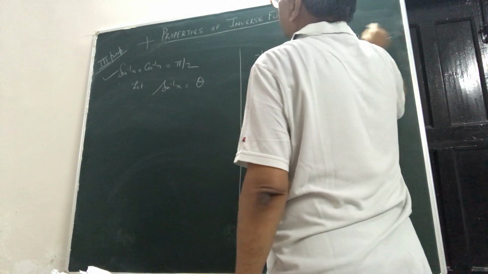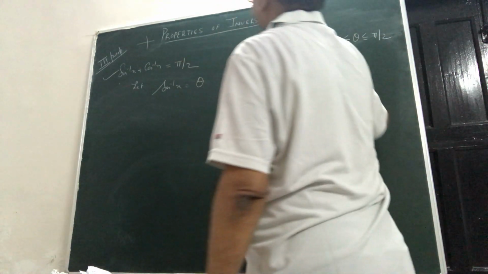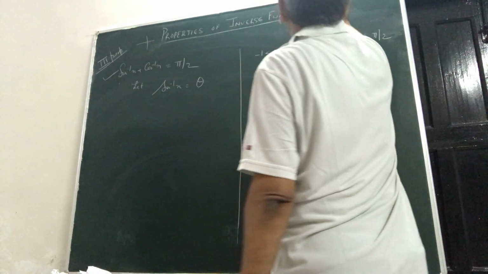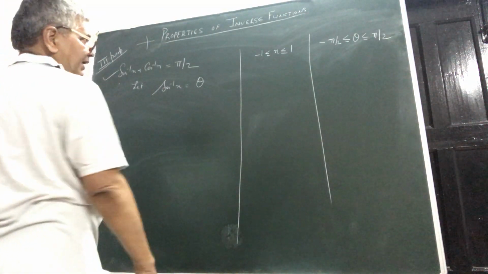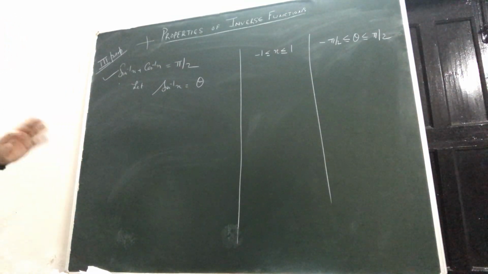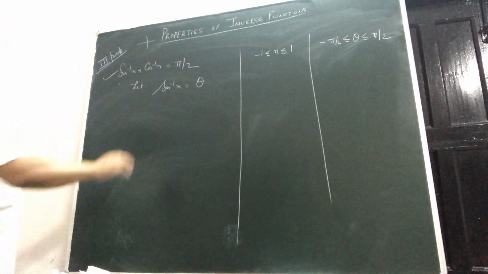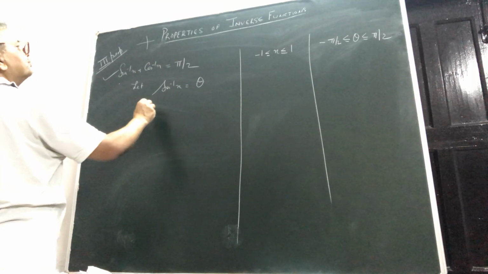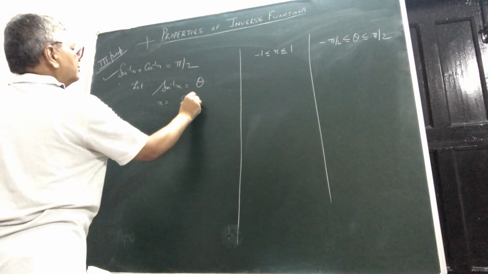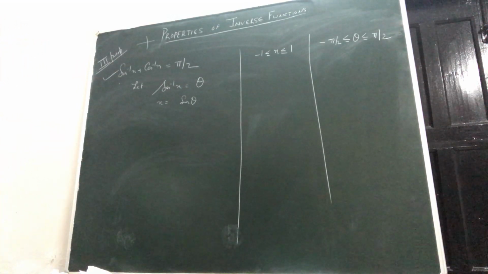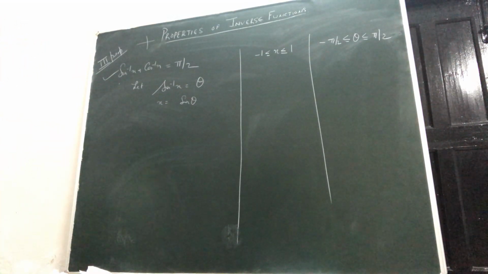Principal branch we are writing here, and you know that the principal branch of sin inverse x is minus pi by 2 to plus pi by 2. Now sin inverse x is equal to theta, so x is equal to sin theta. Now, what can we do here?